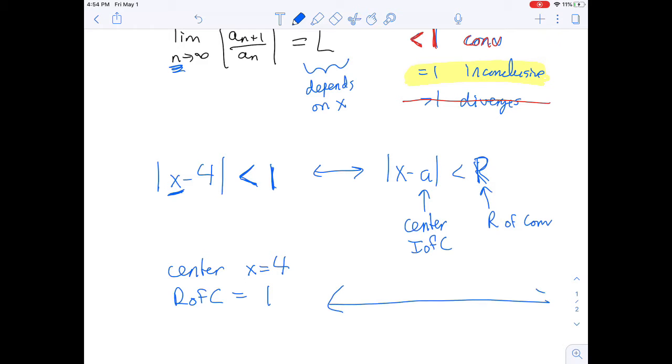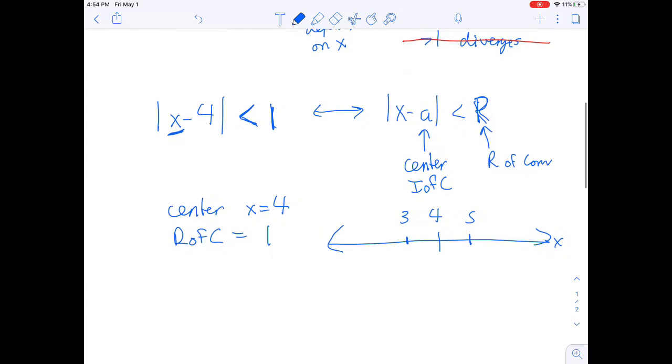So what does that mean? That means if I had 4, I need to go 1 to the right to 5 and 1 to the left to 3, or in other words, 4, 1 to the left, 1 to the right, and I'm going to have the interval 3 to 5. So that gave me less than 1.